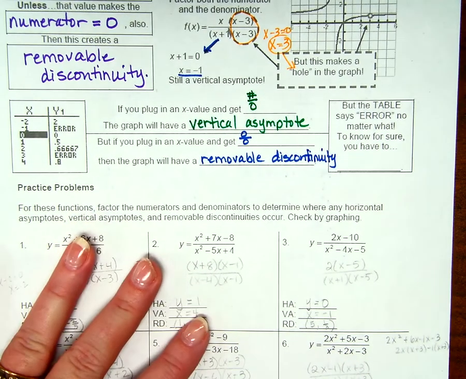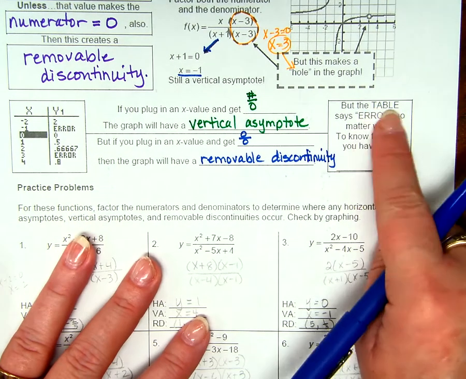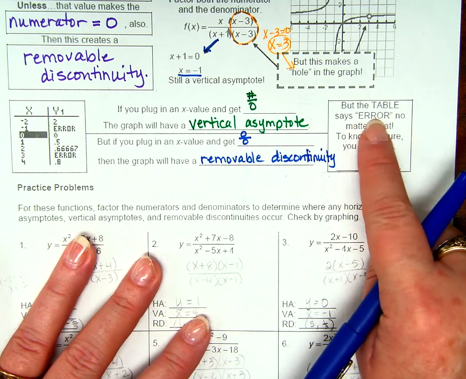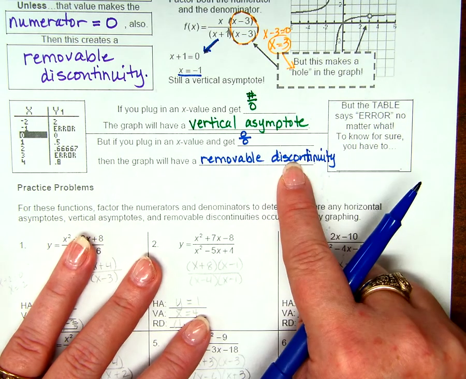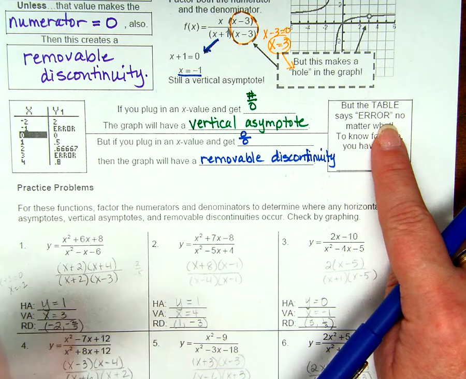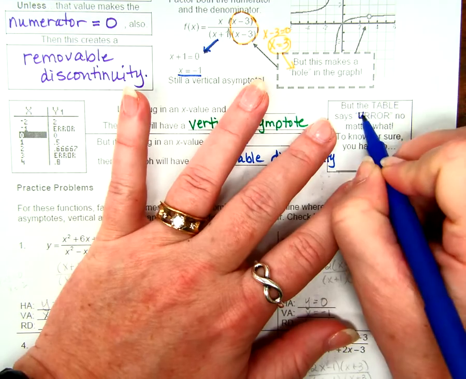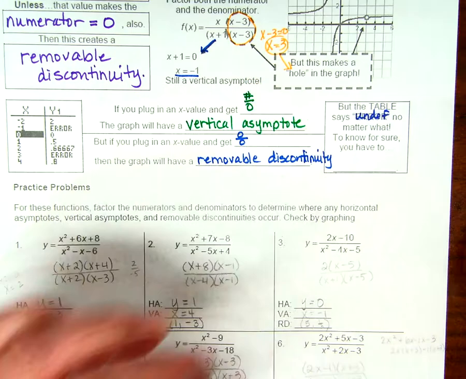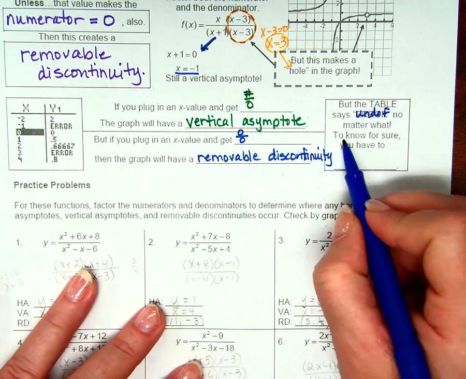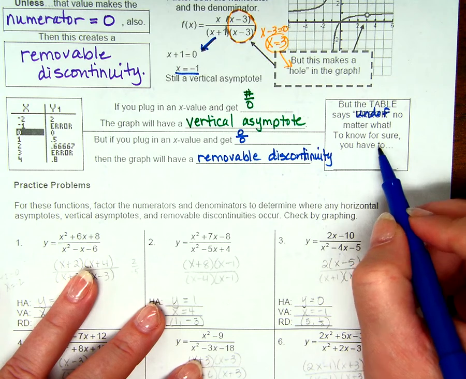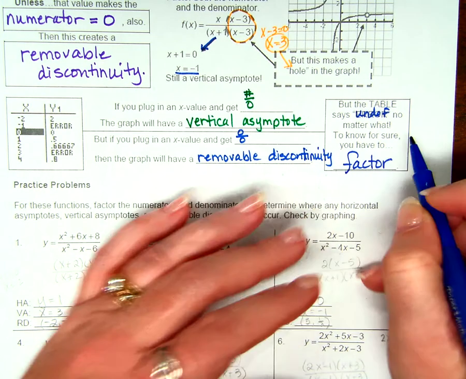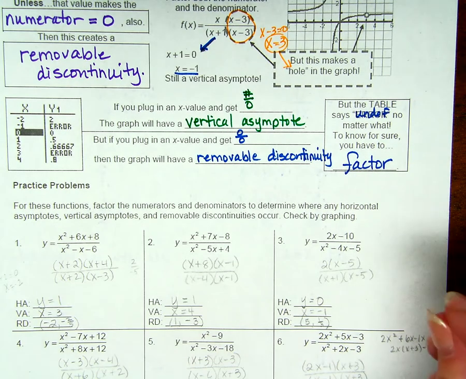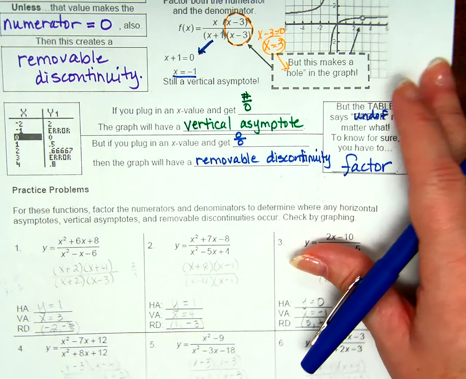But like we talked about just a moment ago, the table is going to say undefined or error no matter what. Whether it's an asymptote or a removable discontinuity, it's going to say undefined, right? So for sure, to know for sure, we have to factor. Everybody understand?